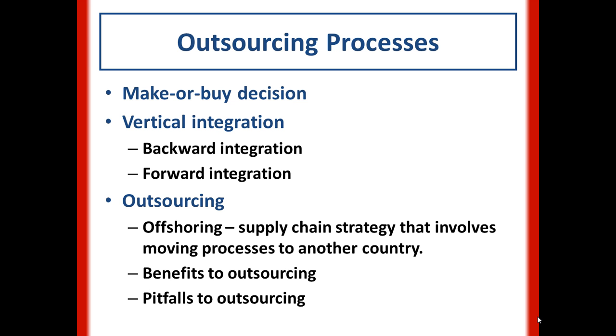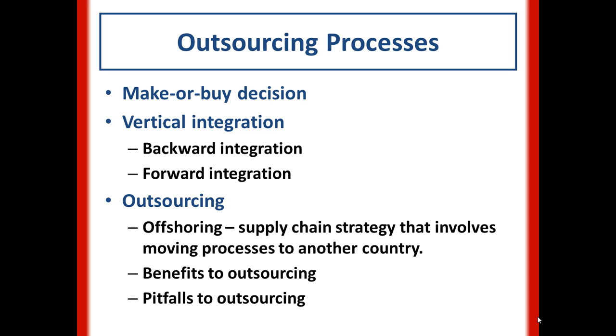There are two ways an organization may experience outsourcing processes. The first we call vertical integration. Vertical integration represents a situation when a firm chooses to produce the product themselves.